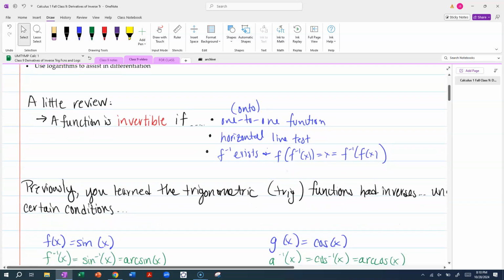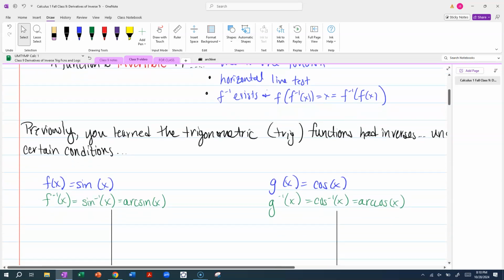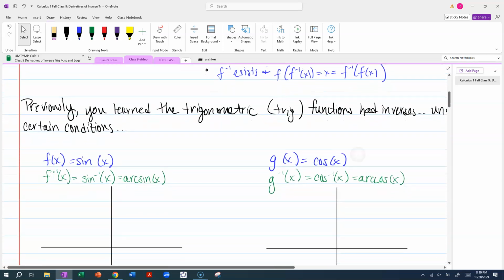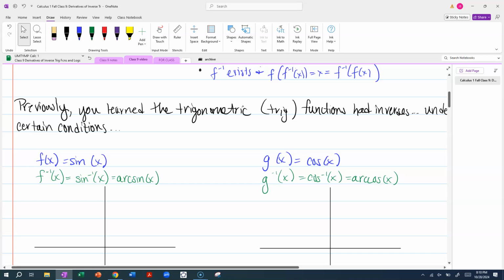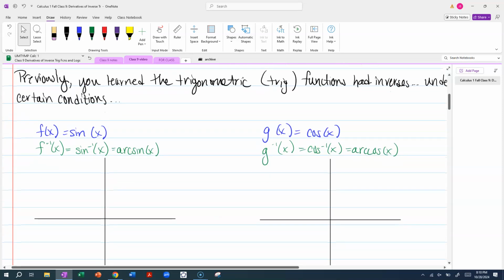Now thinking back to trig functions, we know that trig functions had inverses, but there were certain conditions attached to them. For example, when we were thinking about sine of x, we knew that the inverse function was sine inverse. And in this course, as much as possible, whenever referring to the inverse of a trig function, we're going to say arc, just to prevent confusion with the exponent idea.